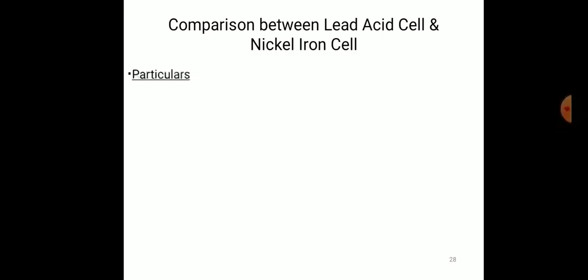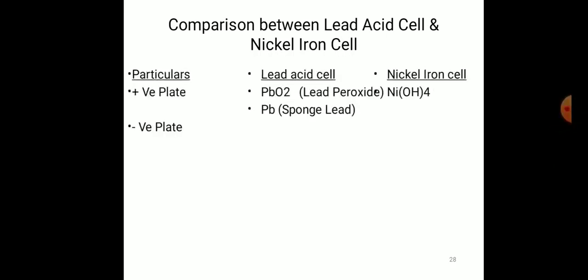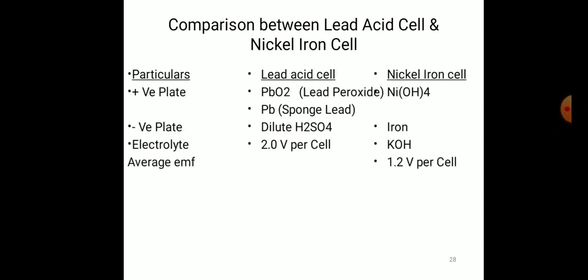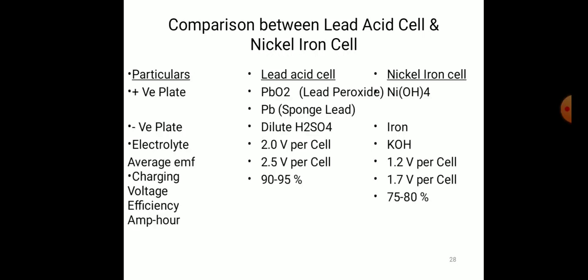Now we are going to see here: what are we using in the lead acid cell? What are the active elements? Like that we try to discuss. Now we see the slide. What values are they giving?